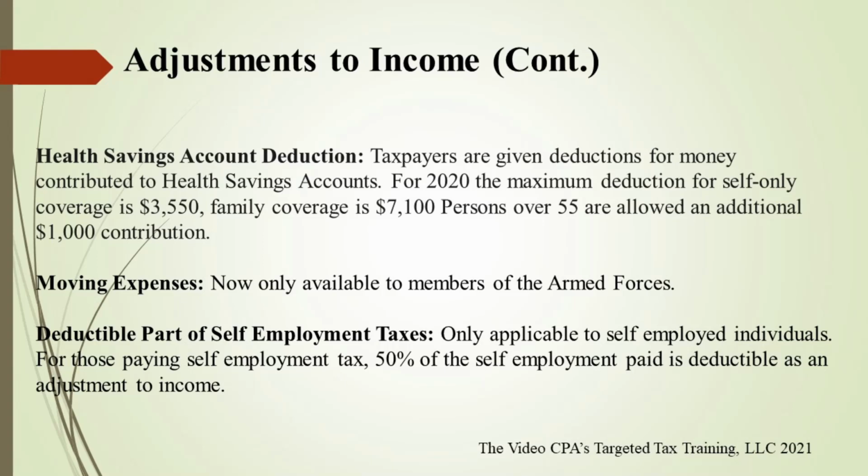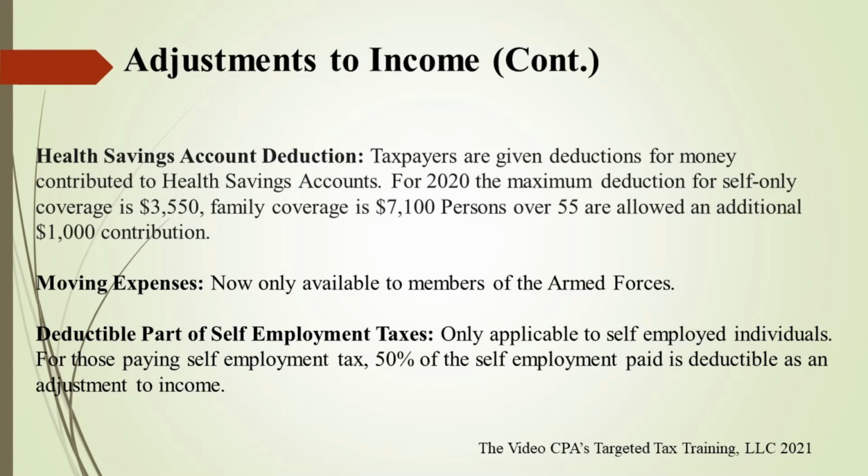Let's look at the health savings account deduction. If you've got a health savings account, you were allowed in 2020 a deduction for self-only coverage of $3,550 and family coverage of $7,100. If you have people over 55 years of age, you get an additional $1,000 contribution for them.